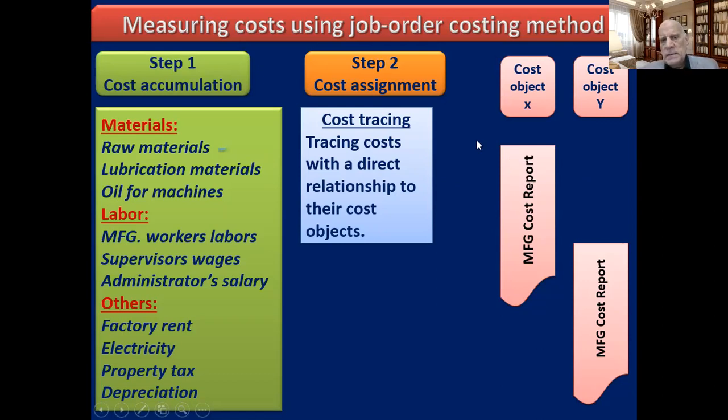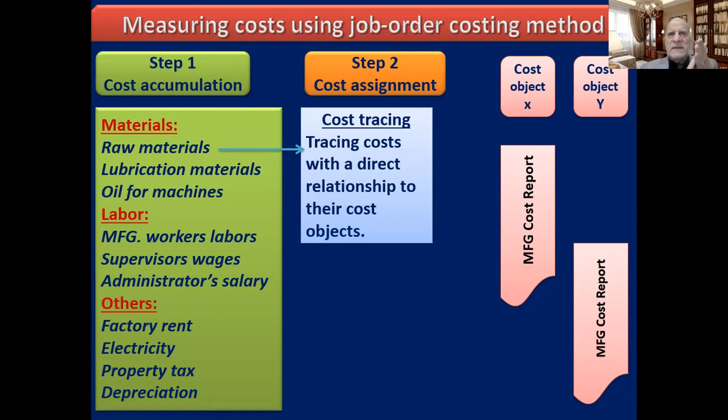For example, direct materials, raw materials. When raw materials are issued from the storeroom to be used inside the factory, the material is issued upon a materials requisition.